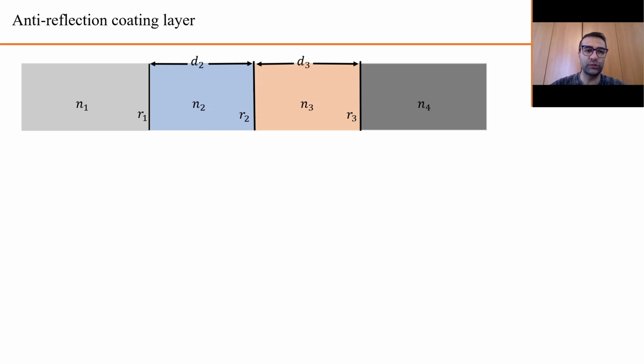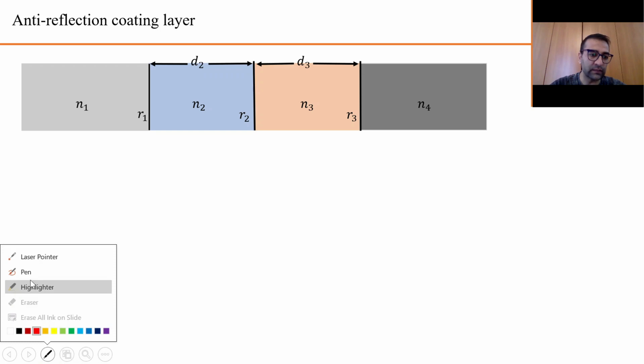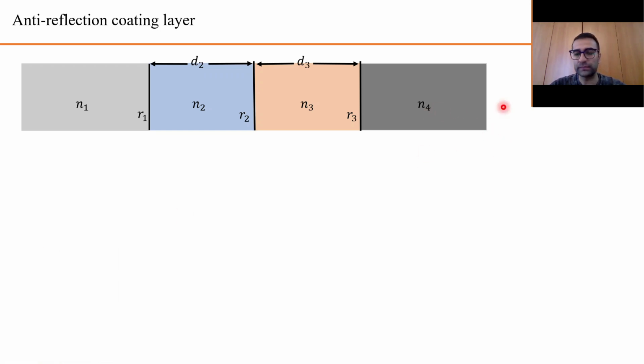Now we have two thin layers, one with thickness D2 and refractive index N2, and the other thin layer with thickness D3 and refractive index N3, and the first semi-infinite layer with refractive index N1, and the fourth layer, semi-infinite, with refractive index N4.